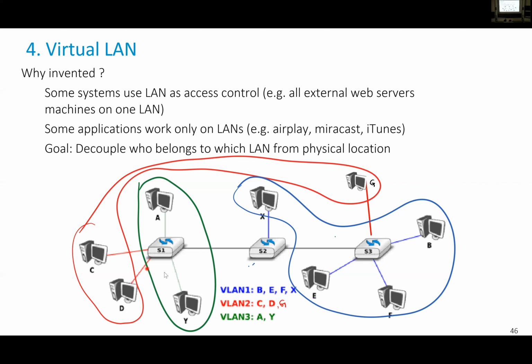For example, it might be possible that A and Y are in the same local area network, which is, for example, the local area network of the human resources department, where all the people are sitting on the same floor, they're all cabled together, and if you do not have a machine that's physically connected to one of the Ethernet sockets of that floor, you don't have access to the computer.